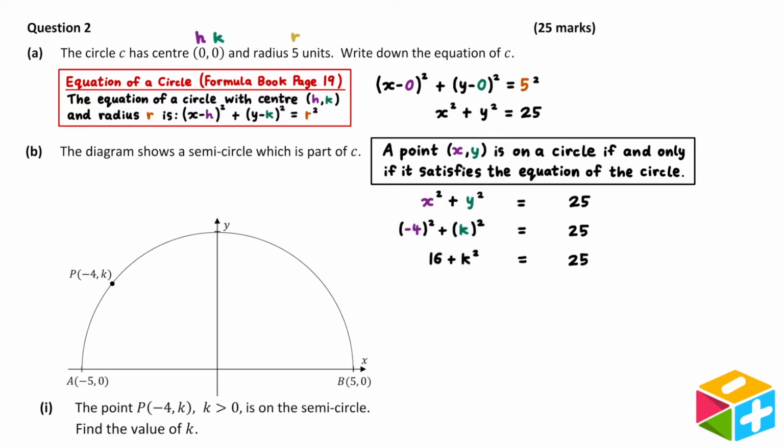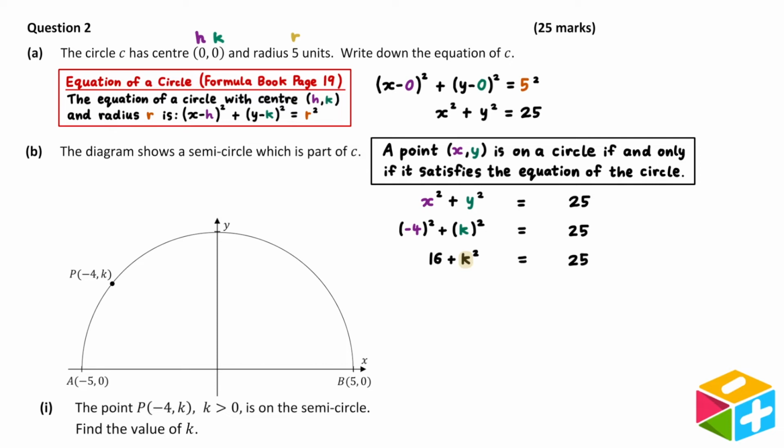So we found that 16 + k² = 25. Our goal here is to find the value of k, in other words, to isolate it all by itself on one side of the equation.